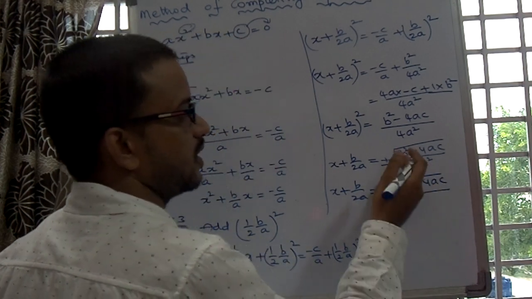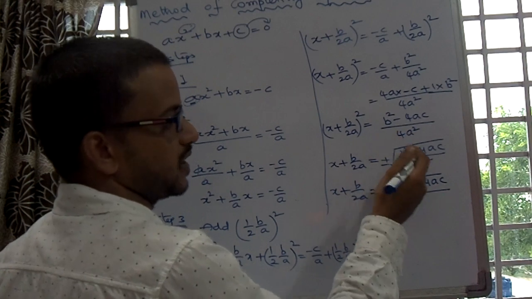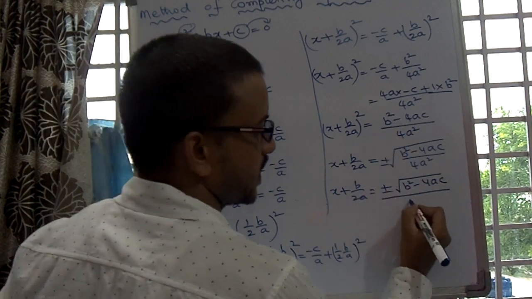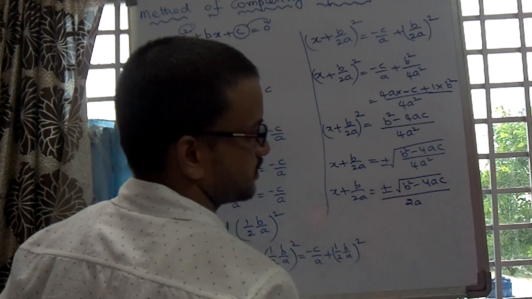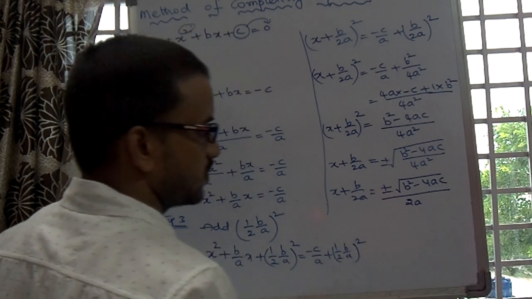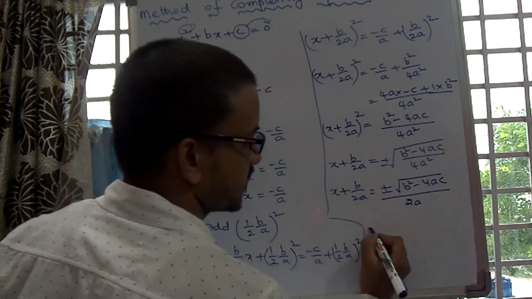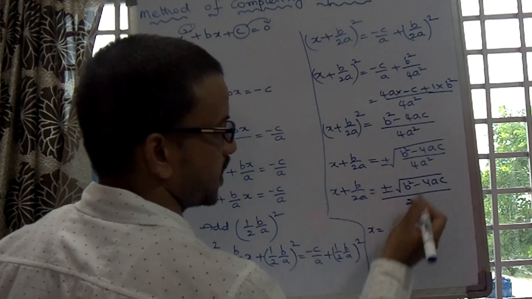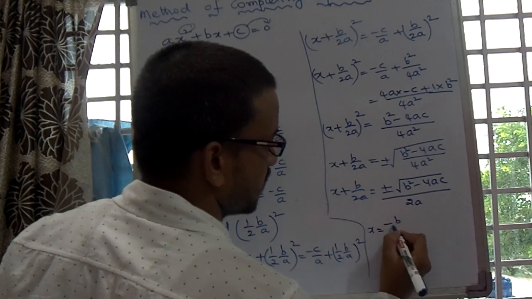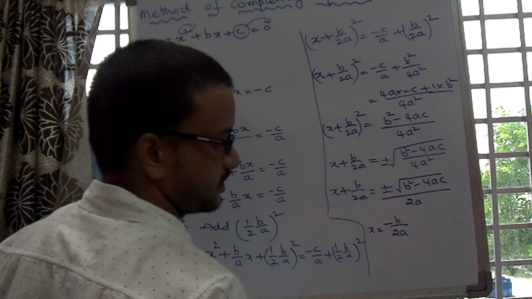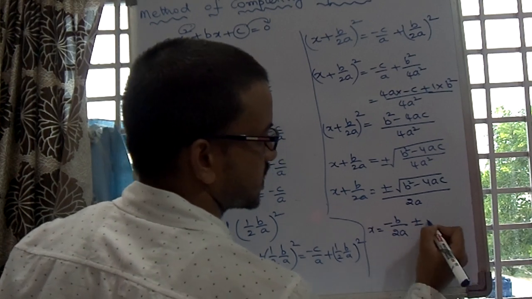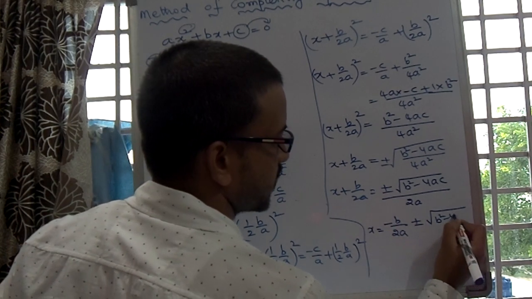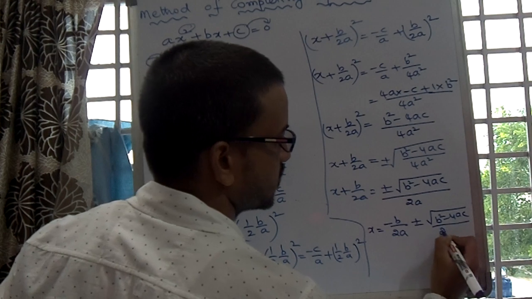We have the formula that root of a by b can be written as root a by root b. So root 4a square is 2a. Now the value of x: plus b by 2a goes to the other side of the equation and becomes minus b by 2a, plus or minus under root of b square minus 4ac by 2a.